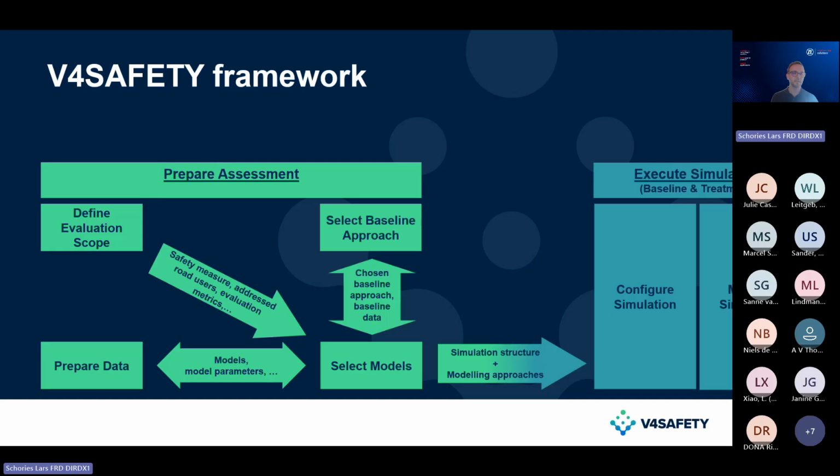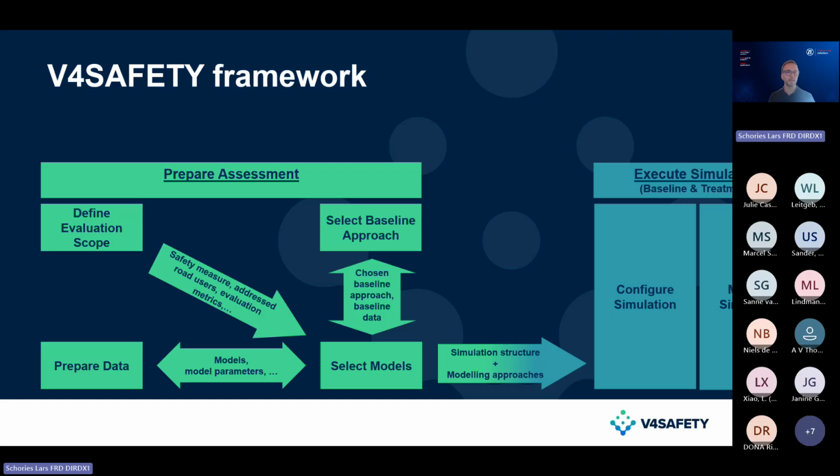On the one hand, there is the evaluation scope. So if you have attended the other frameworks, you always start with the evaluation scope, basically what you want to do. You want to assess the safety measure, you want to maybe address some road users, you want to know what you really want to assess, what is the metric. So this, of course, has influence to the select models part. Then, of course, there's the so-called baseline approach, what to compare to, the reference set, which influences as well the select model approach.